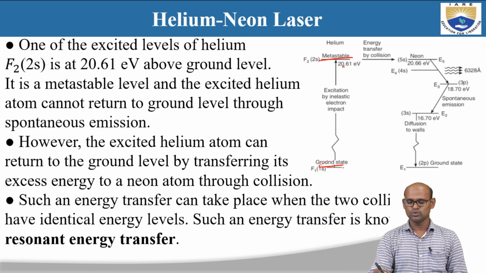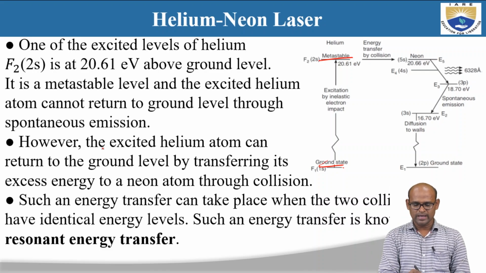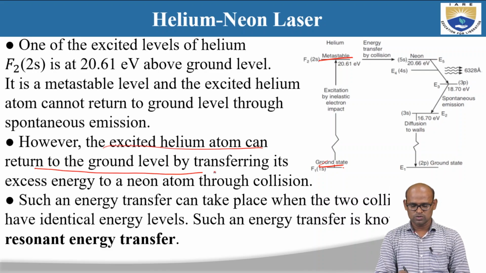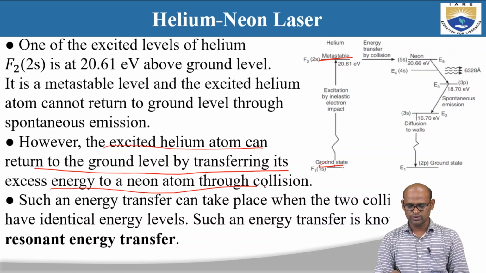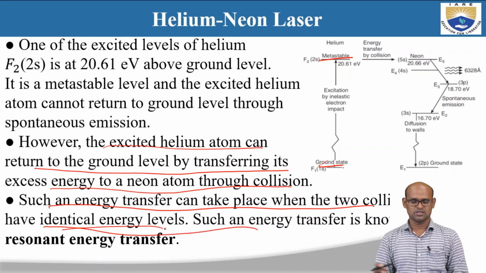So it loses energy by transferring some of it to the neon atoms. The excited helium atom can return to the ground state by transferring its excess energy to a neon atom through collision. Such energy transfer can take place only when the 2 colliding atoms have identical energy levels. Such transfer is called resonant energy transfer.